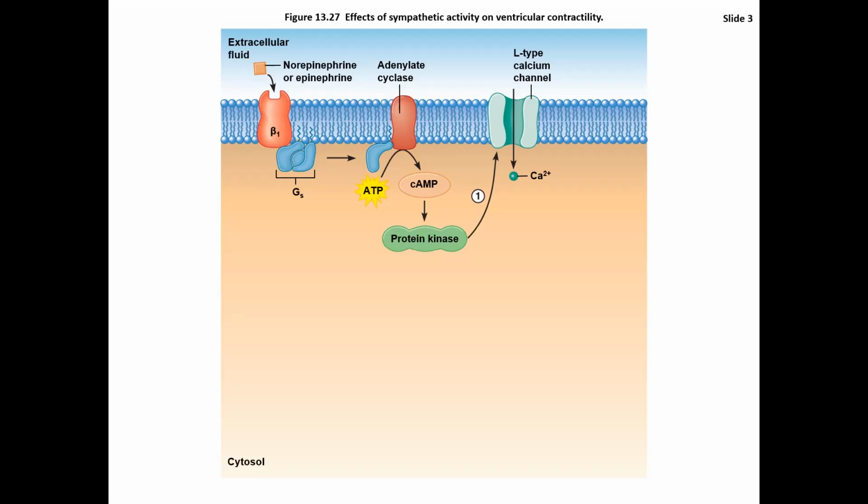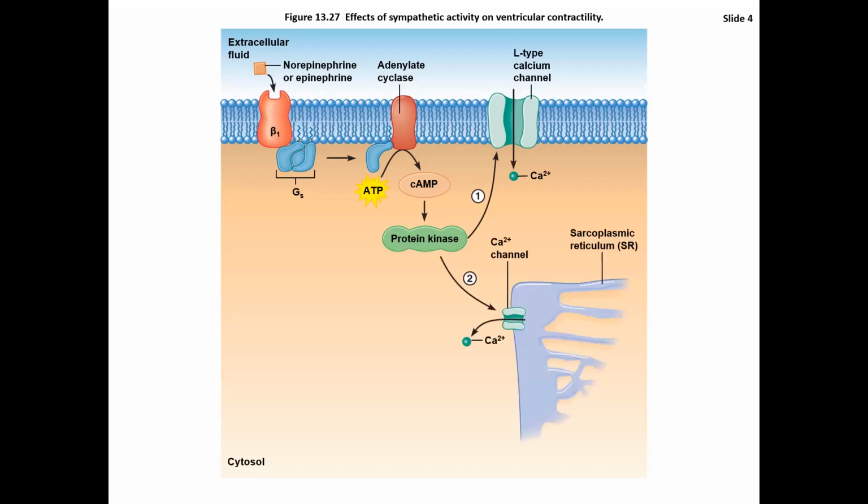The first is it's going to keep these calcium channels open for longer. That's going to allow more calcium to come into the cell. The second is it's going to increase the ATPase rate of these calcium pumps on the SR. This is also going to allow more calcium to move from the SR where it's being stored into the sarcoplasm as well. The third is it's going to increase the myosin ATPase rate of these myosin heads.